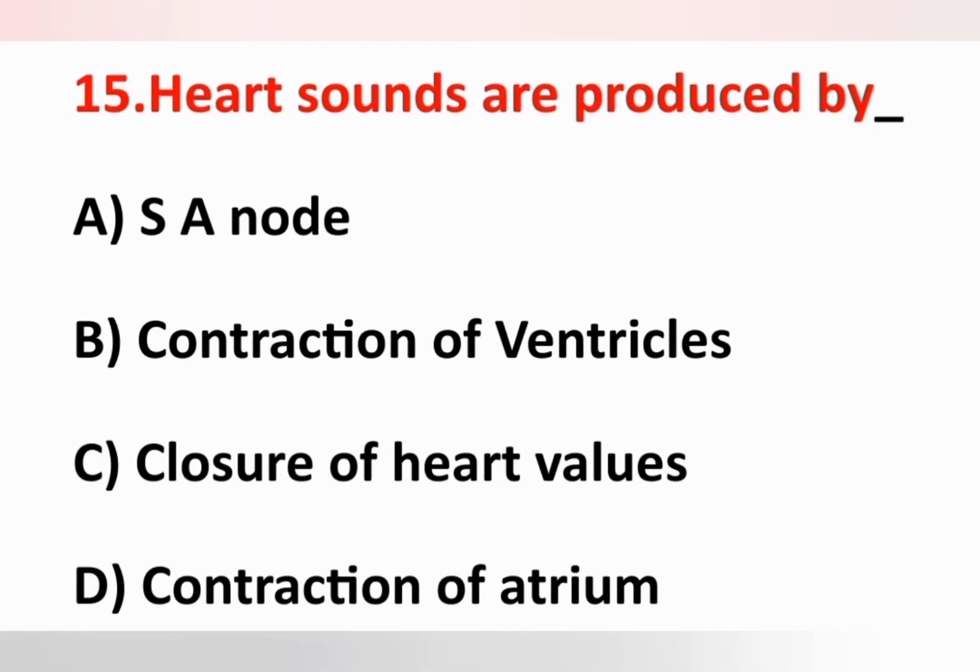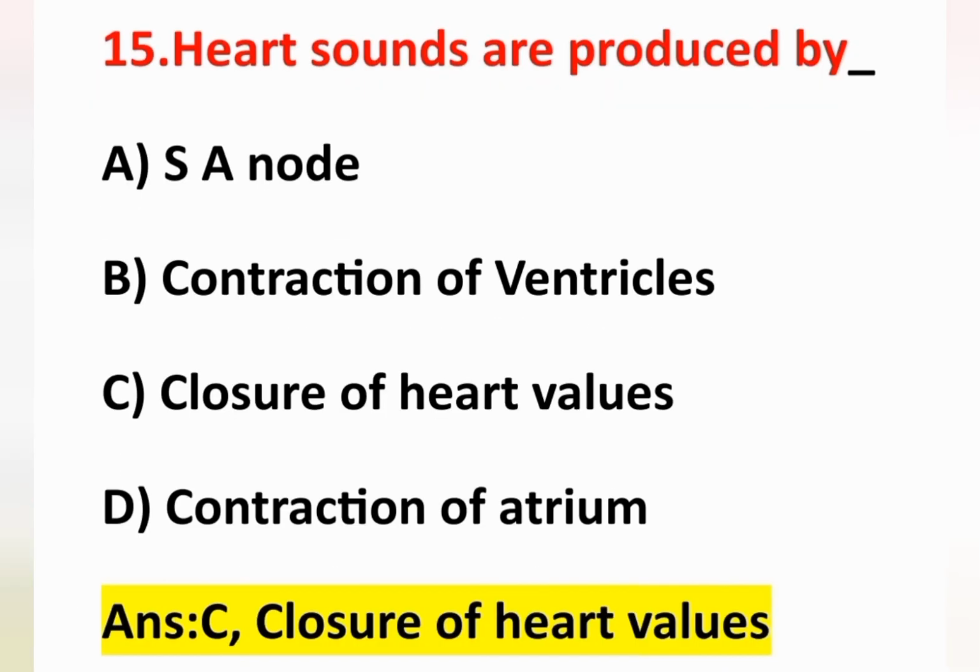The next question is. Heart sounds are produced by. Options are option A synod, option B contraction of ventricles, option C closure of heart valve, option D contraction of atrium. Heart sounds are produced by closure of heart valve. Option C is the correct answer. Heart sounds are S1, S2, S3 and S4.